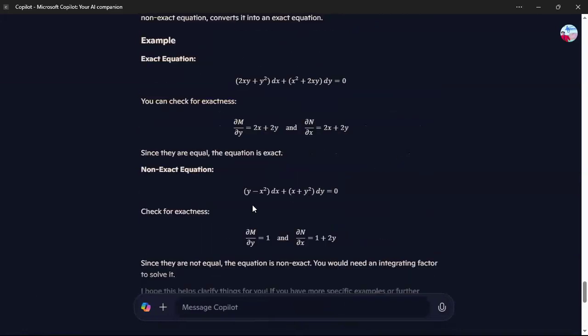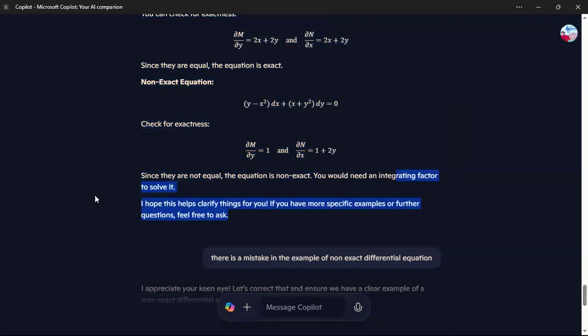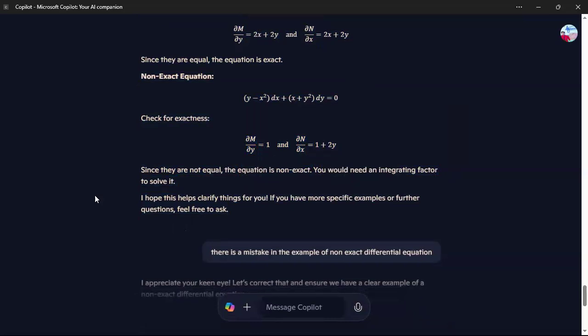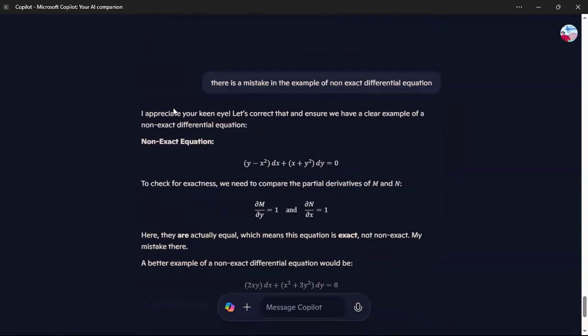Considering the mistake, these two results are not equal. That's why the copilot has considered that they are not equal and the equation is non-exact. So then we need an integrating factor to solve it. And what integrating factor should be used? We will discuss it later in our slides. I appreciate your keen eye. Let's correct it.